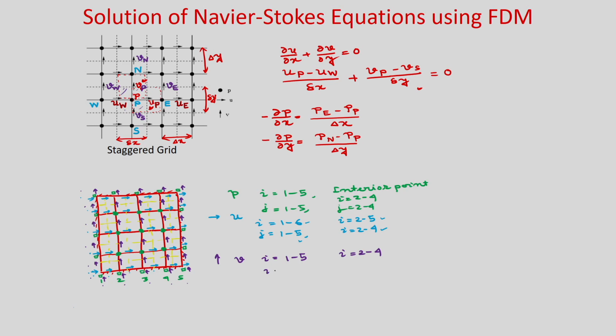So, j varies 1 to 6, and interior points vary 2 to 5. So, you can see the bookkeeping of this data structure is very difficult, because indices are different for pressure and velocity, and in velocities also the I and j direction indices are different.